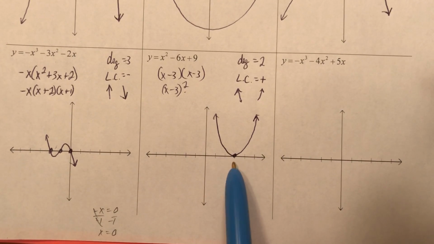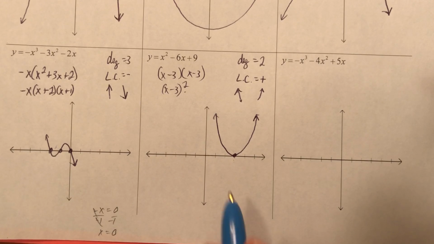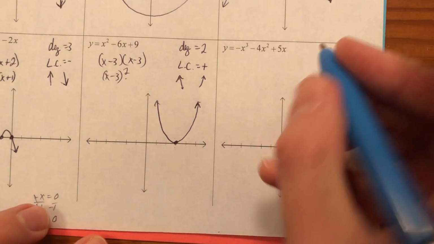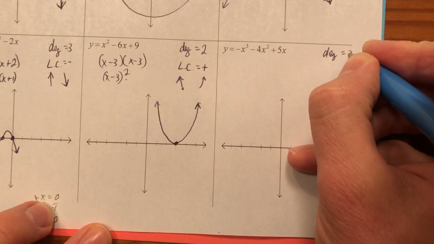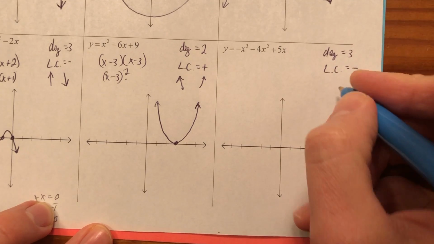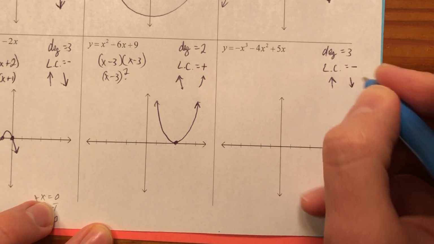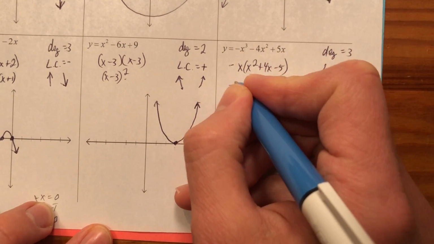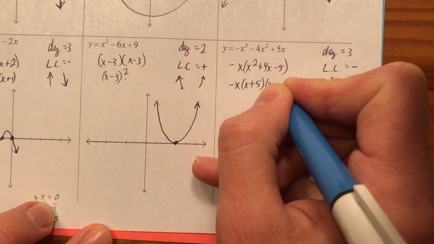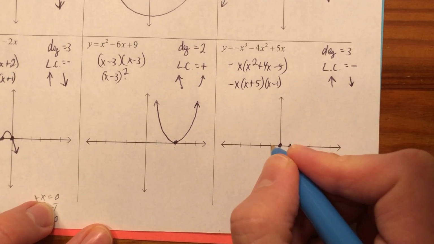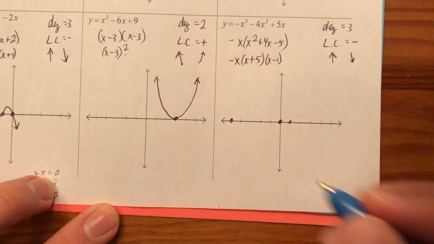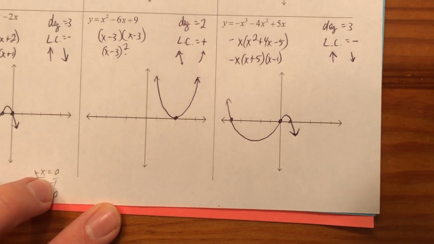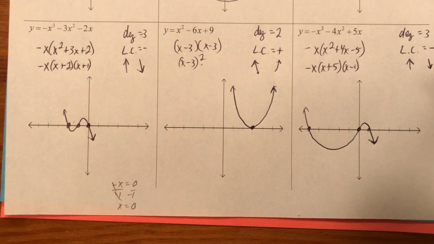So boom, multiplicity of 2, and so it bounces off, and it doesn't pass through like a multiplicity of 1 would. There we go. Okay, let's talk about multiplicity again really quickly.